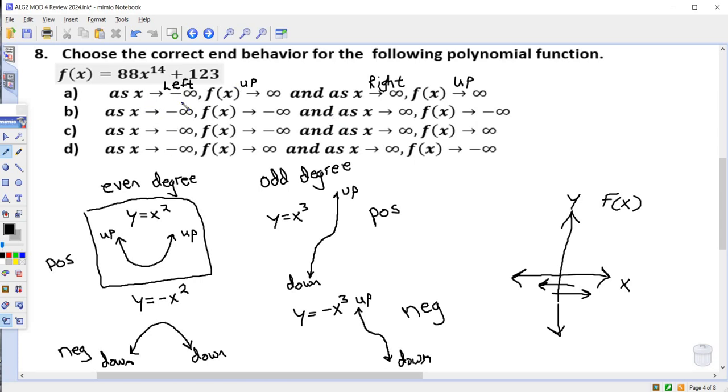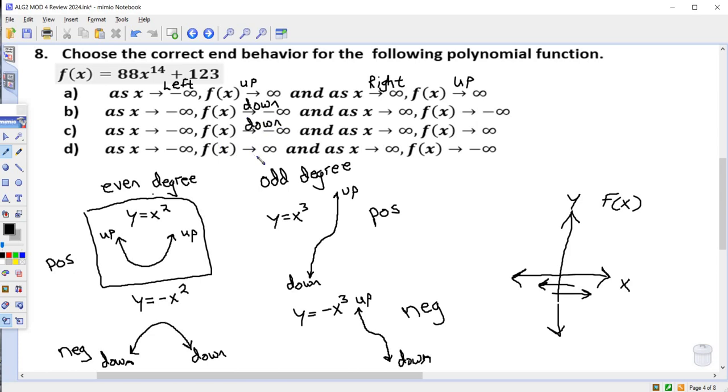Okay, and notice each one of these on the left side says as x approaches negative infinity. All of these are going to the left. It's saying, what's happening as we go to the left end of the graph? So this one says, as we're going to the left, y is going to negative infinity. So that's going down. As we're going to the left, y is going to negative infinity again, so that's down.